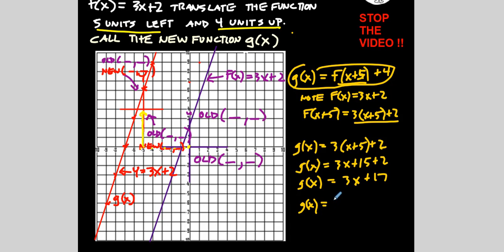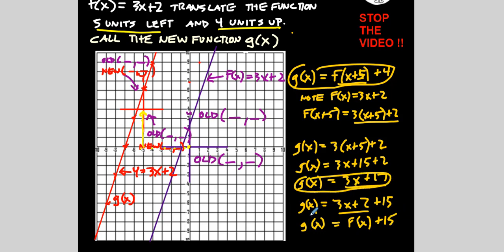So I could rewrite this here as 3x plus 2 plus 15. Okay, so that gives me, this is just f of x. So we could write this as g of x is f of x plus 15. So here are 3 ways to write g of x, this way, this way, and this way.